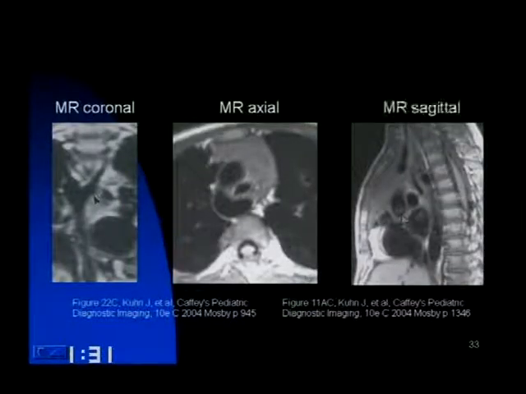The MR examination shows not a double aortic arch, but a right aortic arch, a large left ductus. Once again, the right aortic arch, a very large left ductus coming behind the trachea. And on the sagittal projection, this is the large ductus coming behind and compressing the trachea.